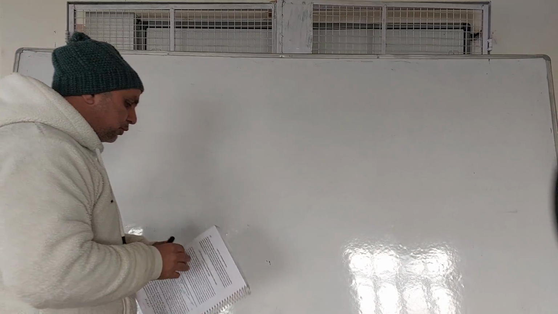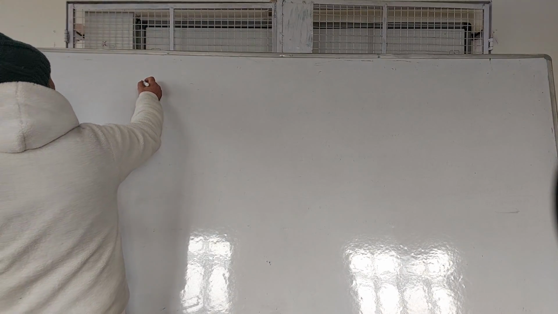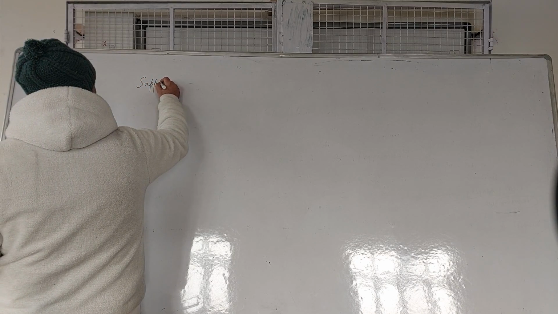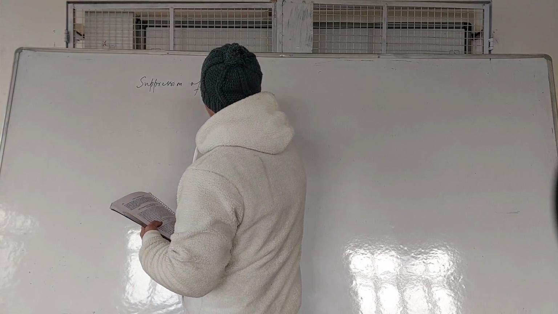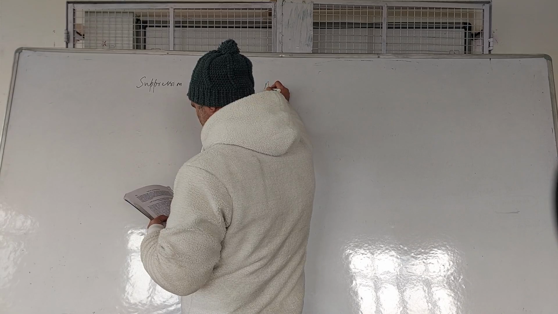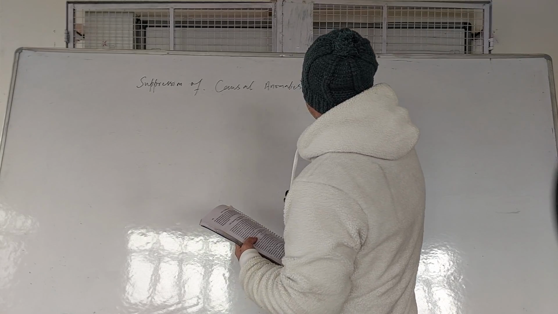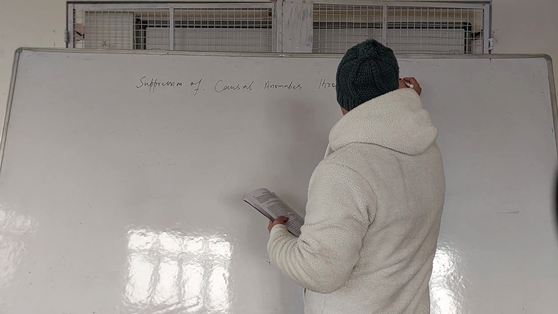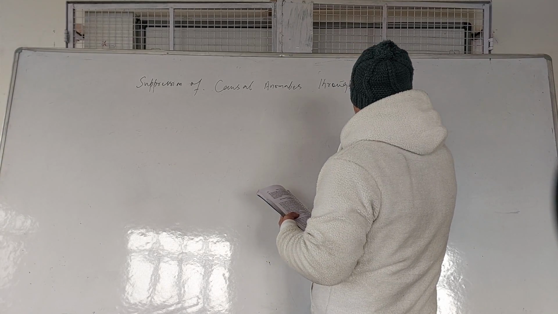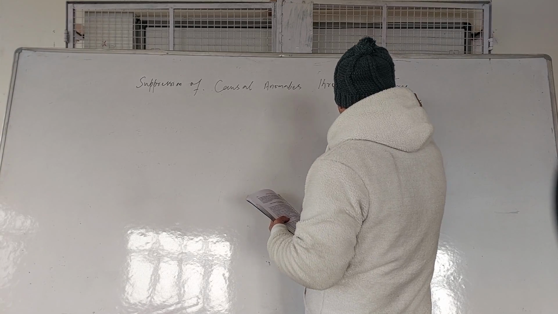So in today's class, we are going to see how we can have suppression of causal anomalies through a three-valued logic.